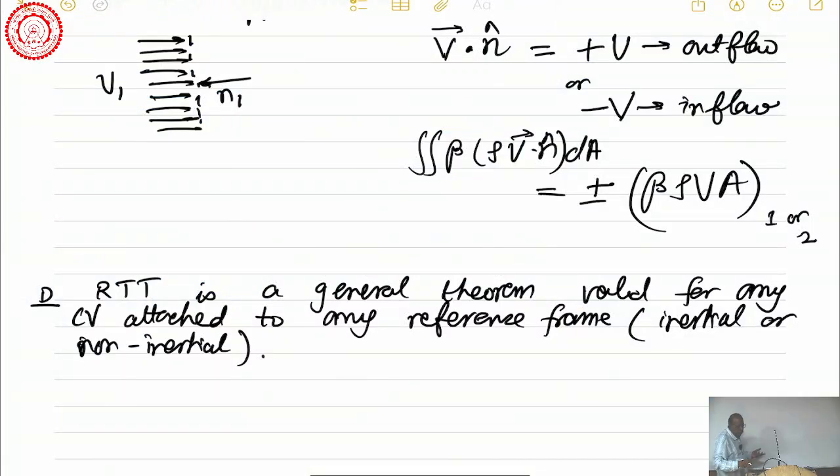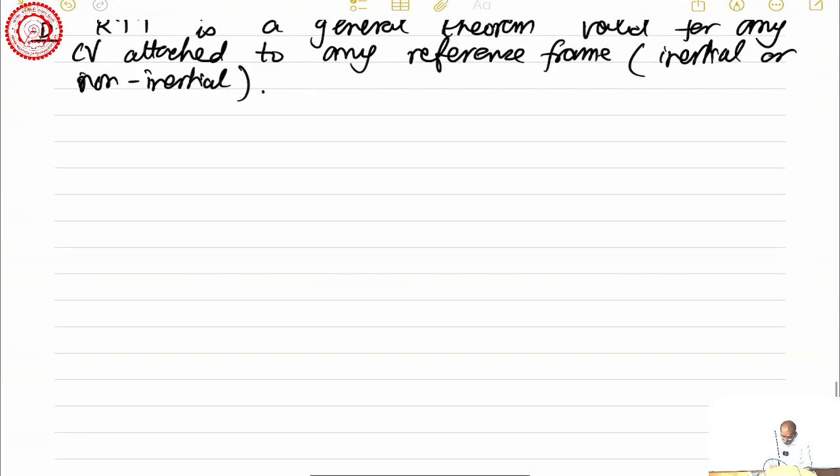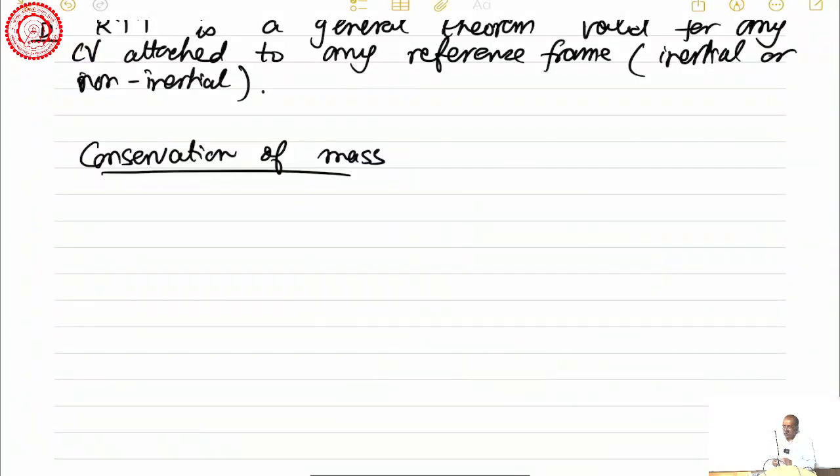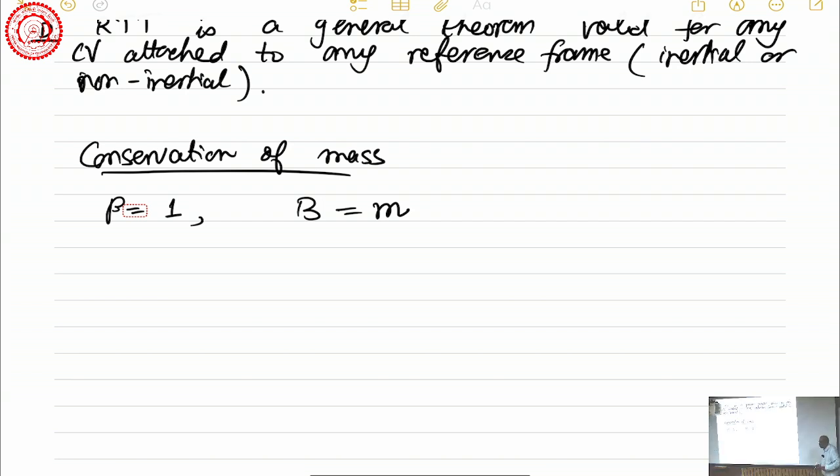Okay. So, now let us start using the Reynolds transport theorem, and we will first use it for conservation of mass. And here we put beta equal to 1, and so B will be equal to m.